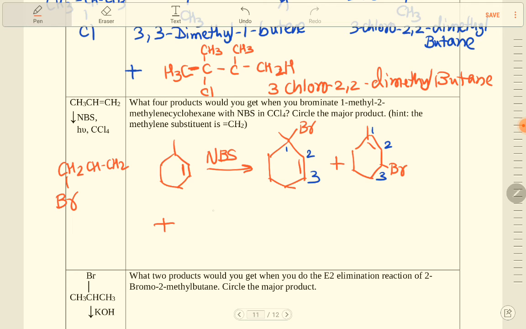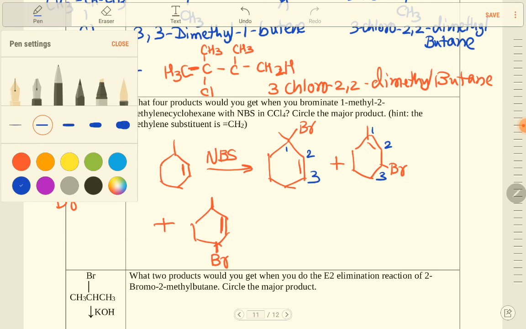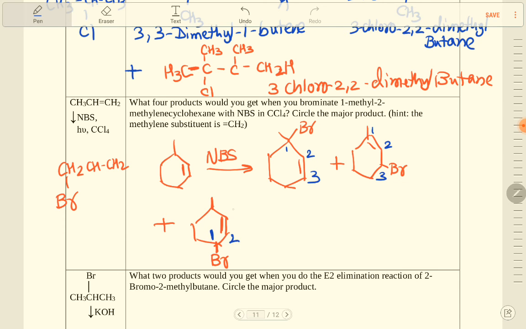The other product has a double bond between 3 and 2, and this is Br, and when we count, remember it's 1, 2, 3.